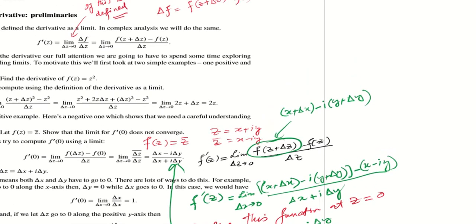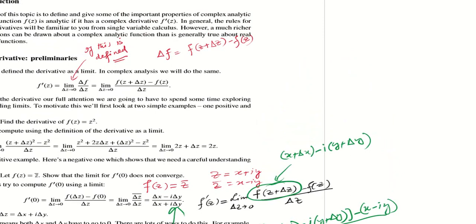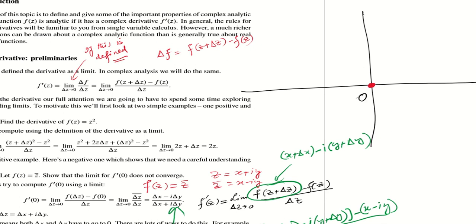So let me do some more things here. Let's define a complex plane. So z is equal to 0 means we are here in the middle of this plane. This is 0, and we want to see if we approach z is equal to 0 from various directions.